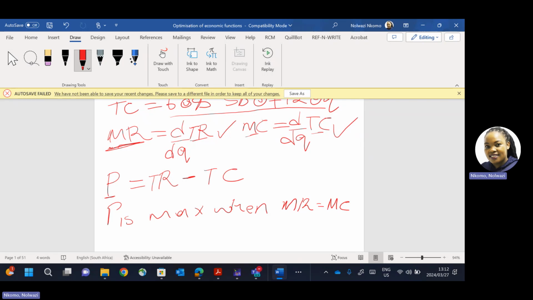So if we can find the marginal revenue and the marginal cost, equate them and solve for the quantity, we can use that quantity to find the maximized profit. Let's start by using this condition.